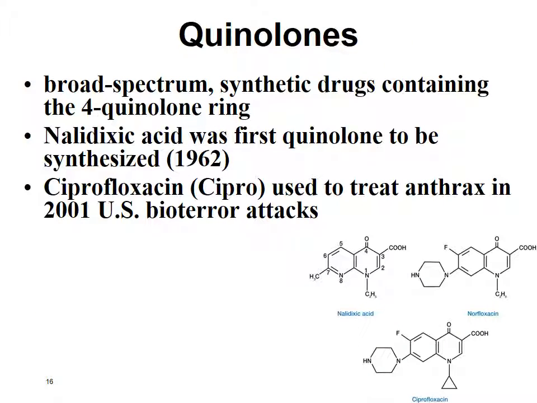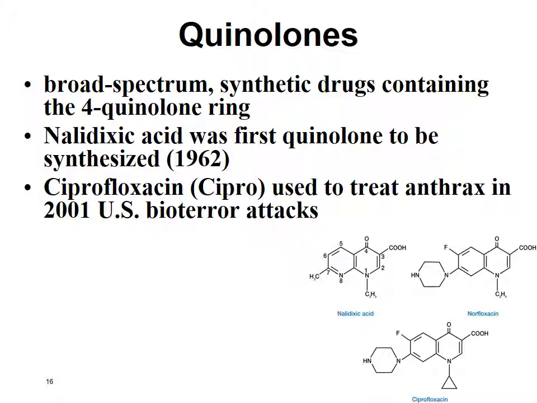Here we have an example, the quinolones. These are important synthetic antimicrobial agents that inhibit nucleic acid synthesis. They're increasingly used to treat a wide variety of infections. The first quinolone, called nalidixic acid, was synthesized in 1962.